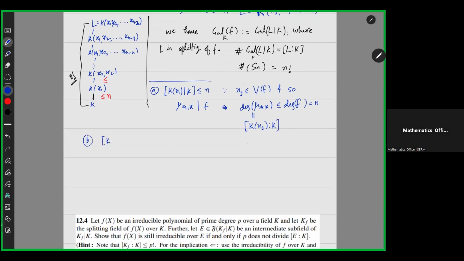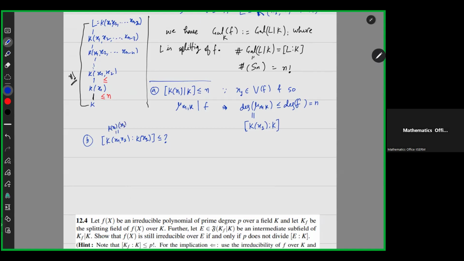The degree of K(x1, x2) over K(x1). What is the bound for this extension? This is also a simple field extension with primitive element x2, right? It can be written as K(x1) attaching one element, which is x2.